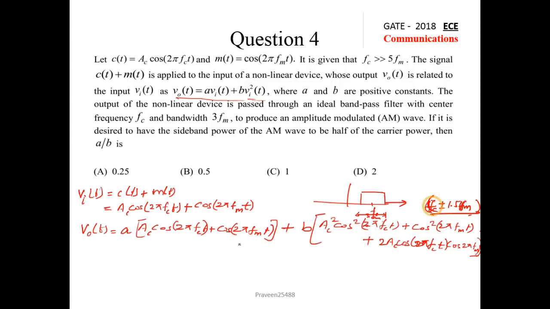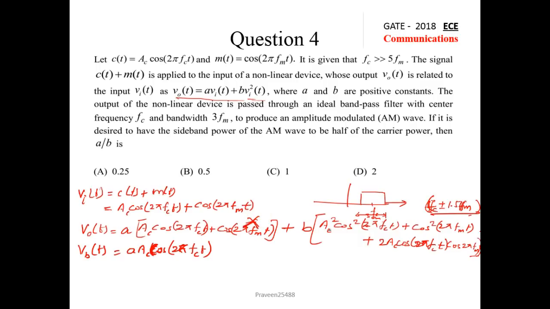So here the output of this band pass filter Vb of t would be this term AC cos 2 pi Fc of t, which will pass through this. This term cos 2 pi Fm of t will not pass because it does not have the term Fc, and is out of this band pass filter. So this will not pass.